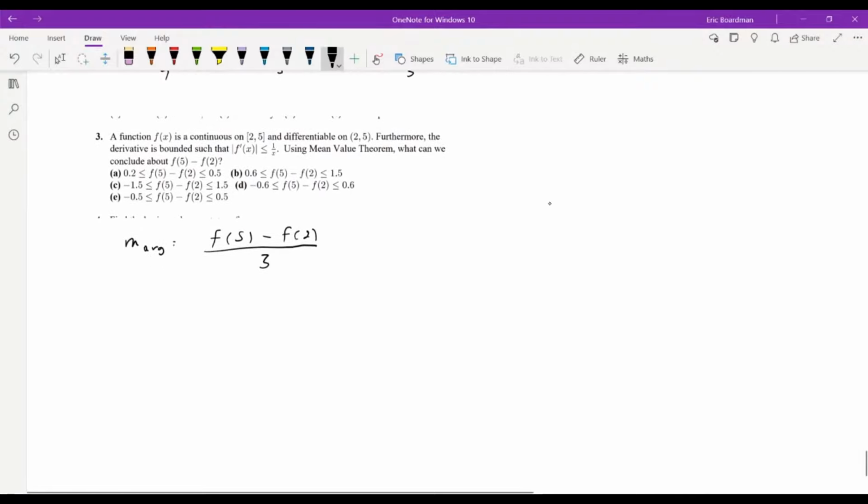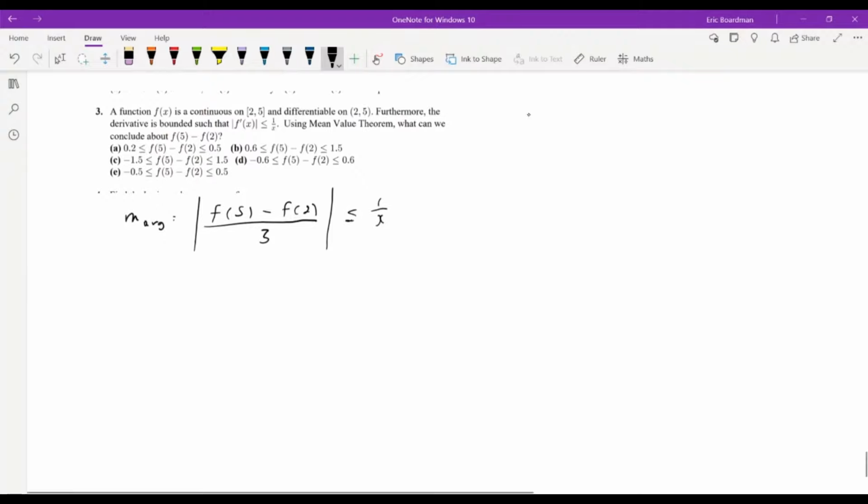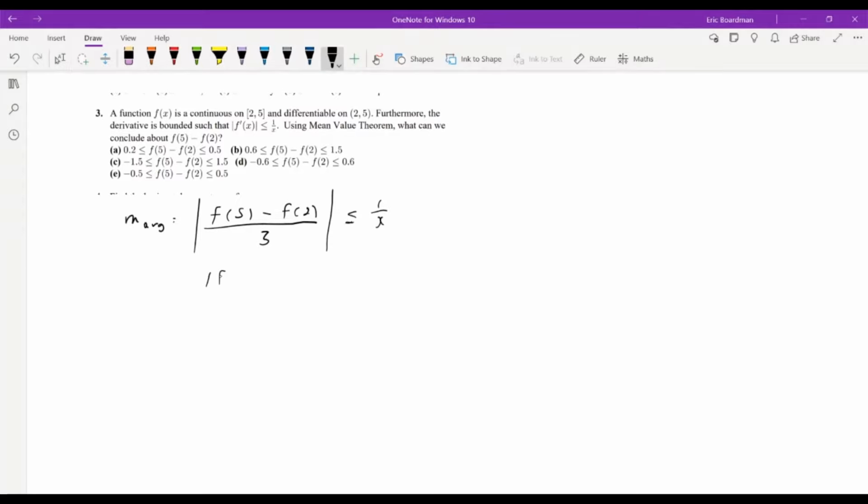And we know that the absolute value of this will be less than 1 over x. So this is the absolute value of f of 2 minus f of 5 over the absolute value of 3, which is 3. So this is less than 3 over x.